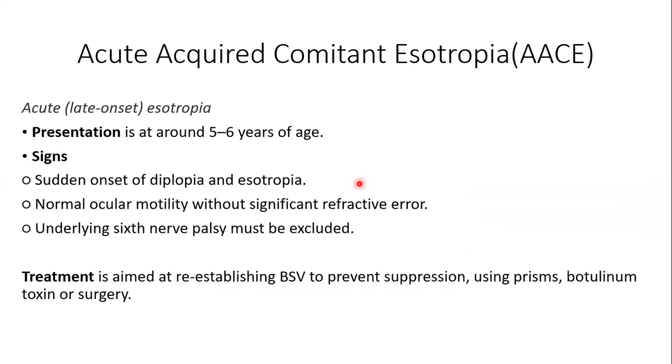In such children, first of all, you need to rule out any neurological causes. You might need to do neuroimaging, and after excluding all the neurological causes, you need to re-establish binocular single vision, whether by giving prism glasses, botulinum toxin, or surgery.